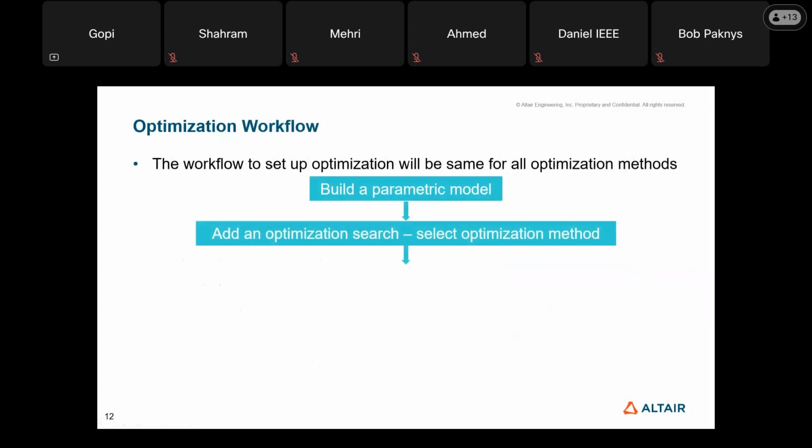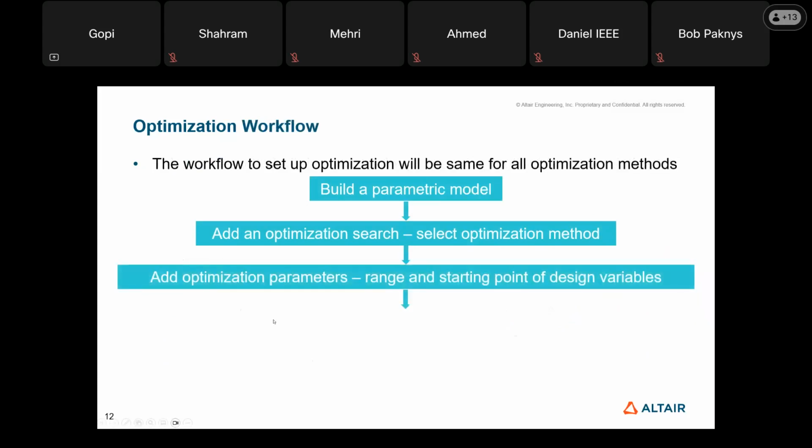When you add an optimization search, you have the option to select the optimization method. Once you add the search, under the optimization parameters, you need to add the design variables and then specify a range for those design variables. That is where you also need to specify a starting point for those design variables, which typically will be within that range.